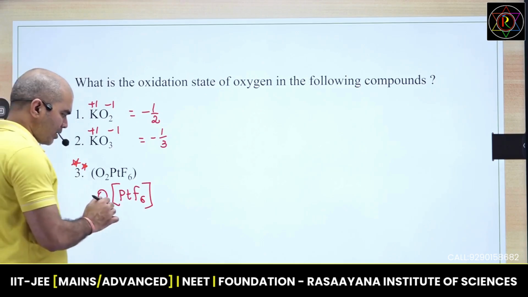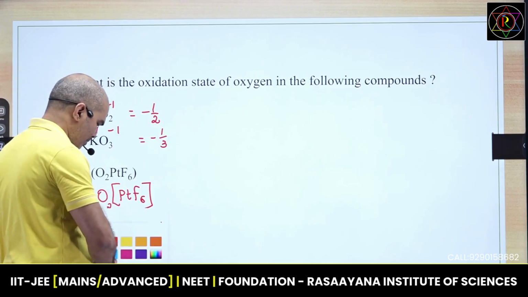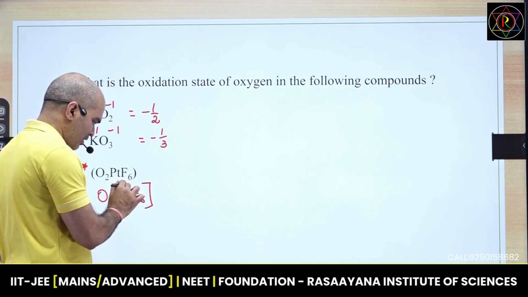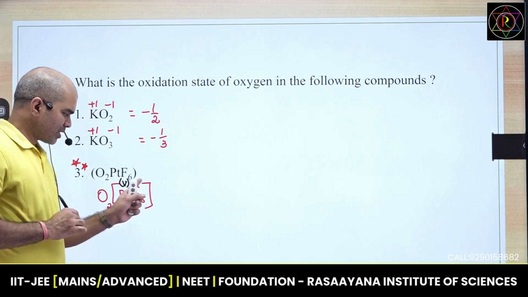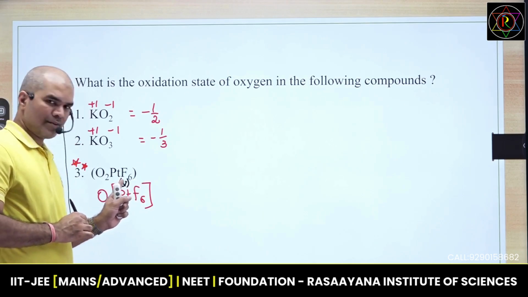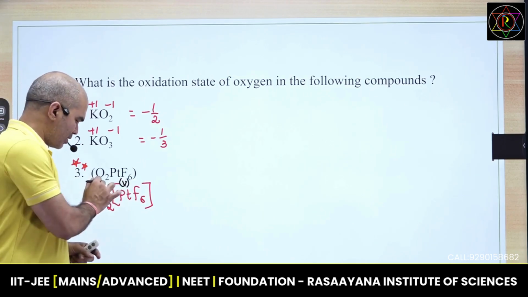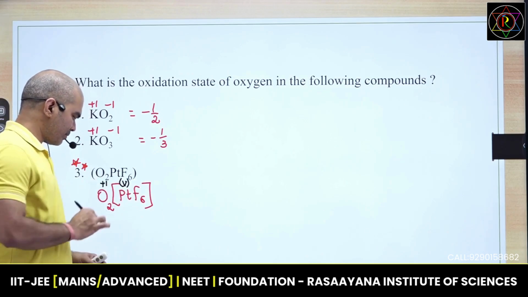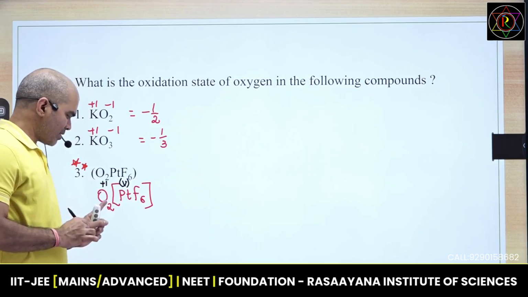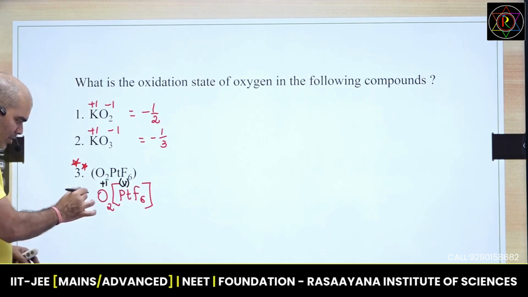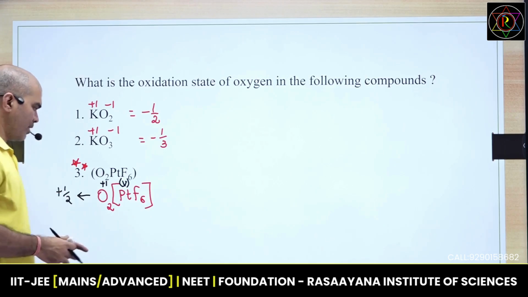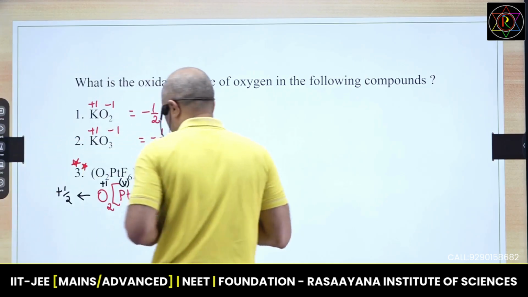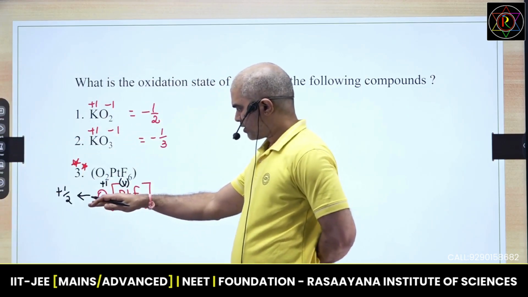This is a very rare compound where we see platinum present in +5 oxidation state. So 6 negative charges, 5 positive charges on platinum. So O2 should carry +1. Each oxygen should have +1 by 2. Hope you are getting my point. There are 6 negative charges, so there should be 6 positive charges.